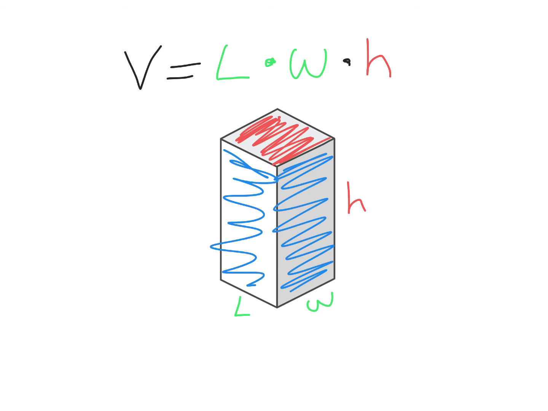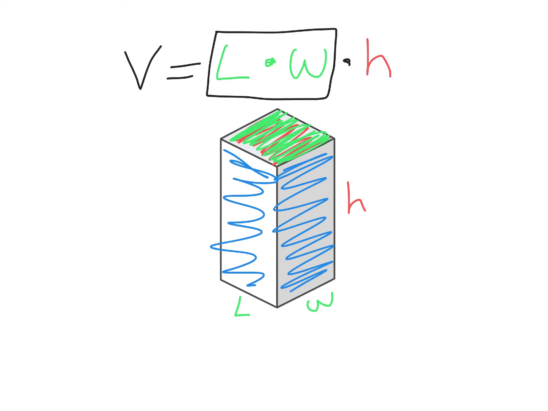Now, I'm sharing this with you as review. I hope it's review for you. If it isn't, and this is the first time that you're seeing this, this is how you find the volume of a rectangular prism. You find the area of the base, which is length times width. That's the area of a base. I'll color it again here in green. So your bases, there's a base on top and a base on bottom.